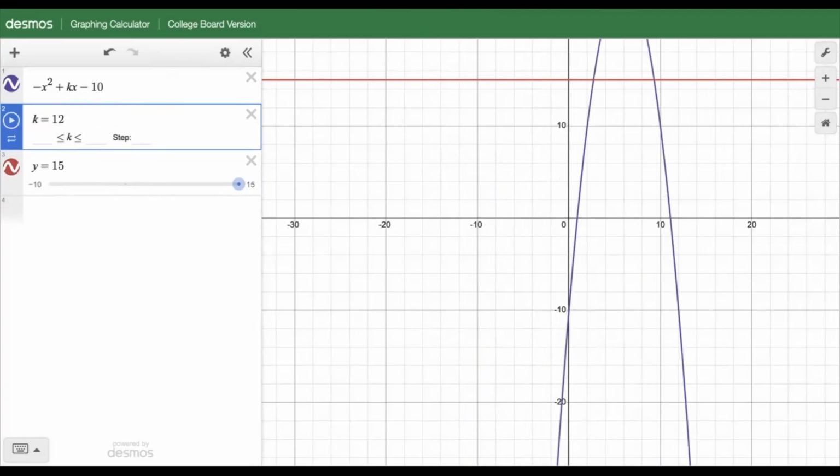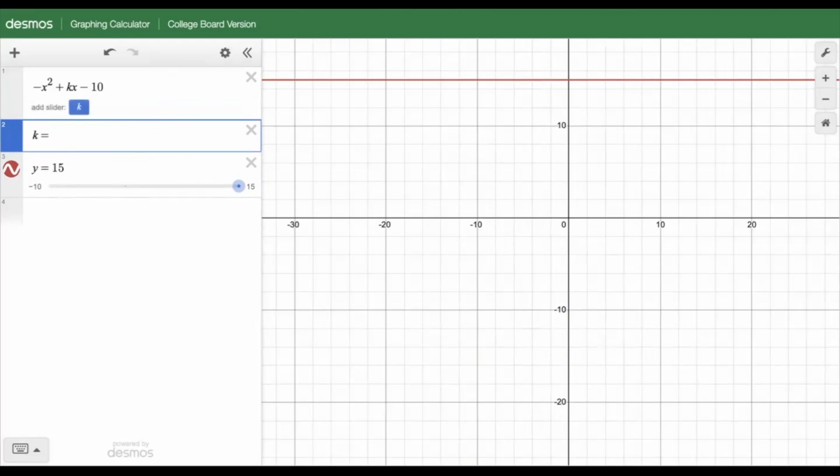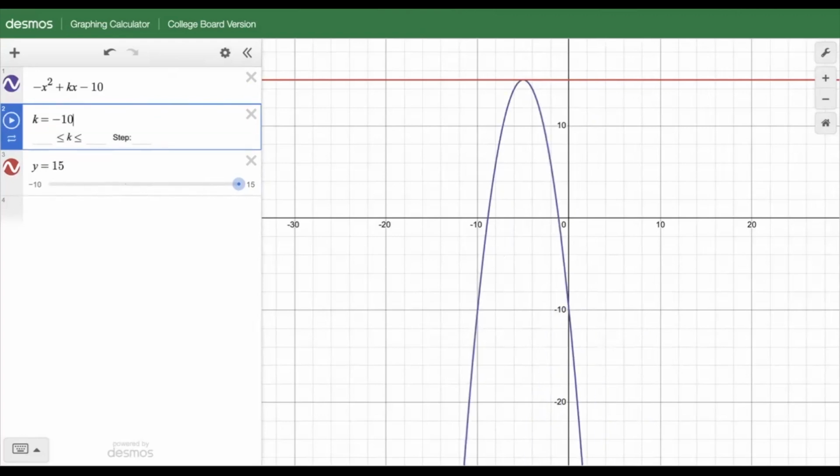And 12, it intersects twice. So -10 is the answer. So to me, that's a really easy one to just use Desmos. Again, because it's multiple choice, we can just throw in the values very quickly and just see what we're looking for.